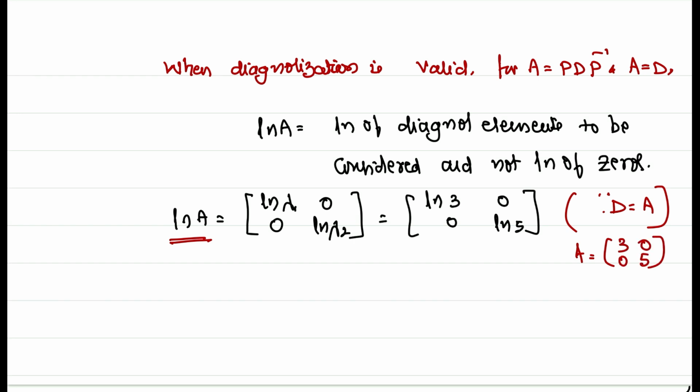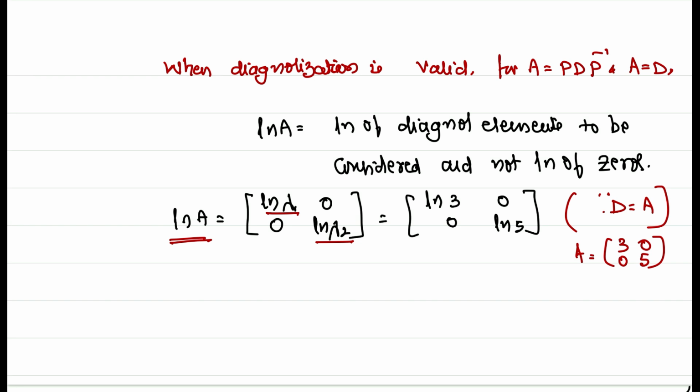Because D is equal to A and A is eligible for diagonalization, we will not take logarithms of the zeros; we will take only the logarithm of the eigenvalues, ln lambda 1 and ln lambda 2. Logarithm of lambda 1 is ln 3, logarithm of lambda 2 is ln 5. Now ln A is equal to [ln 3, 0; 0, ln 5].